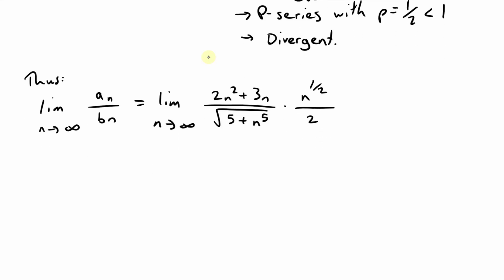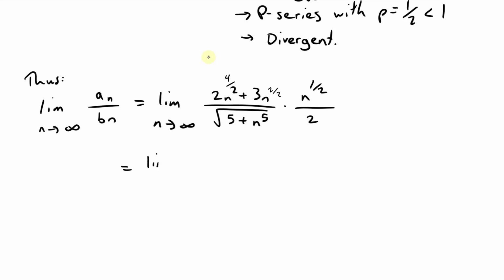What we can do is get the common denominator of the top side there. So I'll just do that right here. This n is n to the power of 1, which is the same thing as writing 2 over 2. And this one right here, n to the power of 2, is the same thing as writing 4 over 2. So once we do that common denominator, we can add these all up.